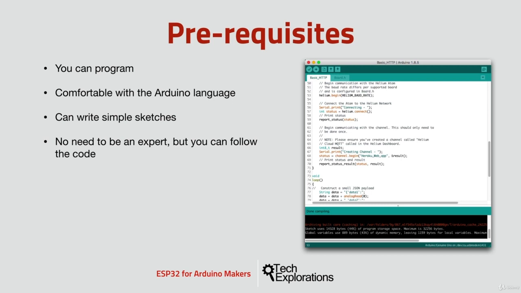So if you are comfortable with the Arduino IDE and you are able to write simple programs or modify existing programs and understand what you see when you see a relatively simple Arduino program, then you're good to continue.